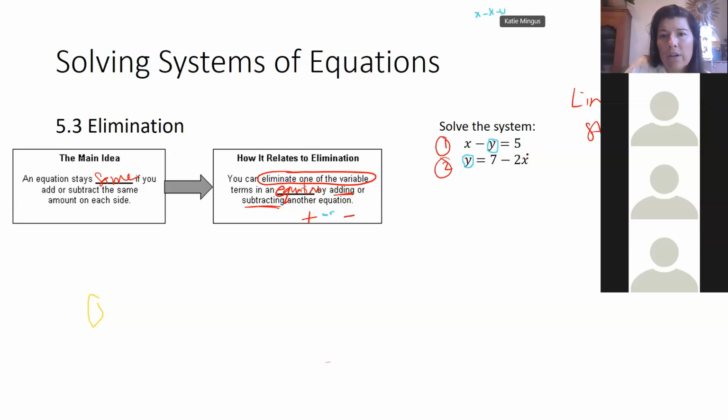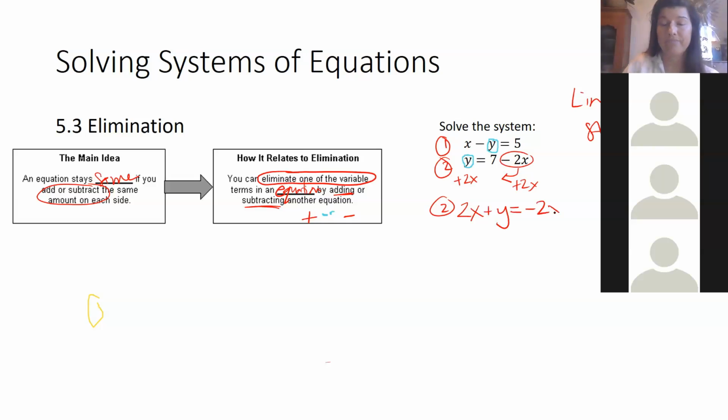So let's bring over this X term to the left side with addition or subtraction. So we're not changing the value of that equation. So I'm going to add 2x to both sides. Okay, and we now have for equation number 2, I'm going to put the x first because I'm going to match equation 1 with the order. Notice how equation 1 has x first and then y. So I'm going to write equation 2 is now going to be 2x plus y equals -2x.